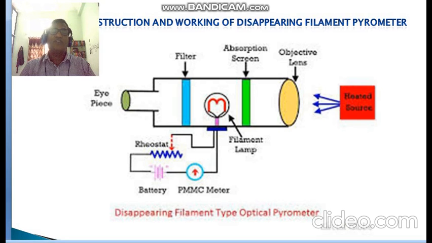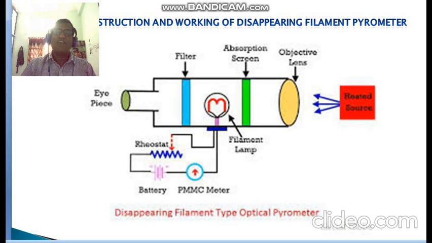Coming to the working part, the heat source is placed at a certain distance. The radiation coming from the heat source, which is to be measured, is incident on the surface of the objective lens and enters the tube.